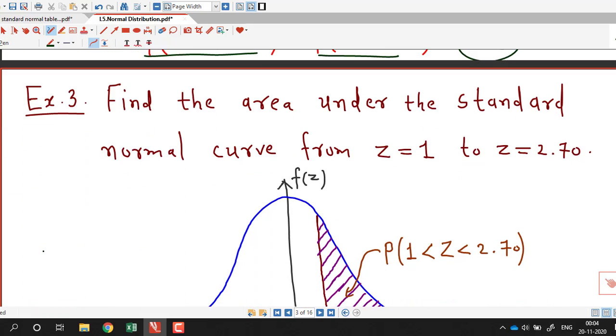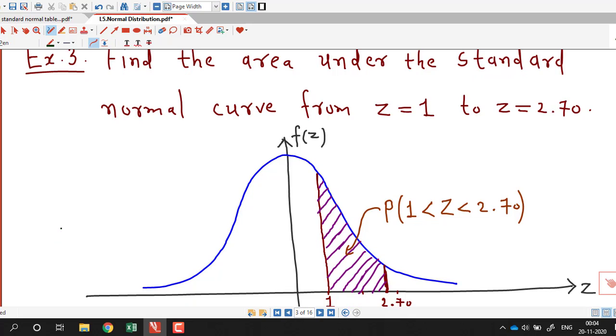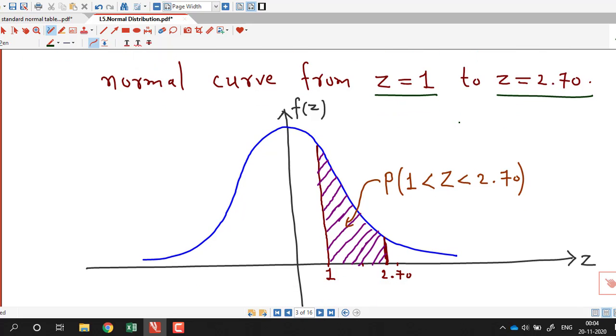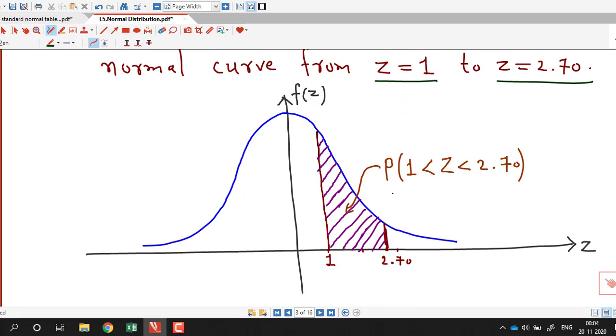Next example: find the area under the standard normal curve from z equal to 1 to z equal to 2.70. So we are asked to find this shaded area from z equal to 1 to z equal to 2.70.